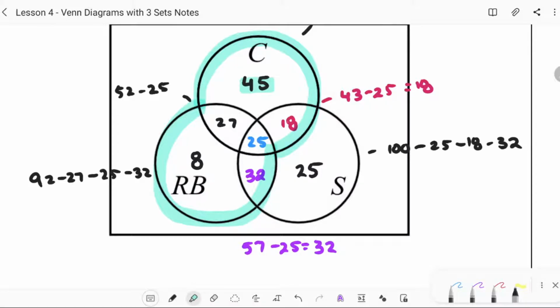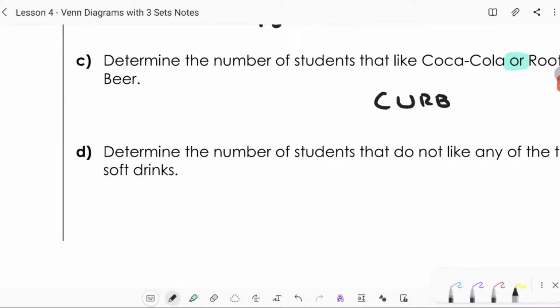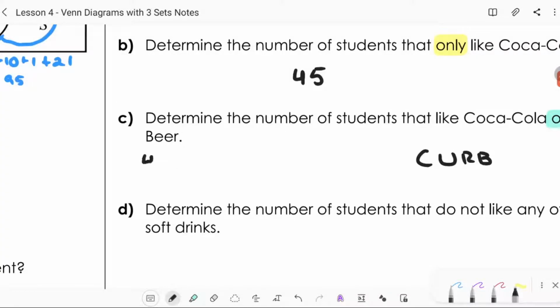So I have 1, 2, 3, 4, 5, 6 different areas that I'm looking in. I need to make sure I include all of these. So it is 45 plus 27 plus 18 plus 25 plus 8 plus 32.